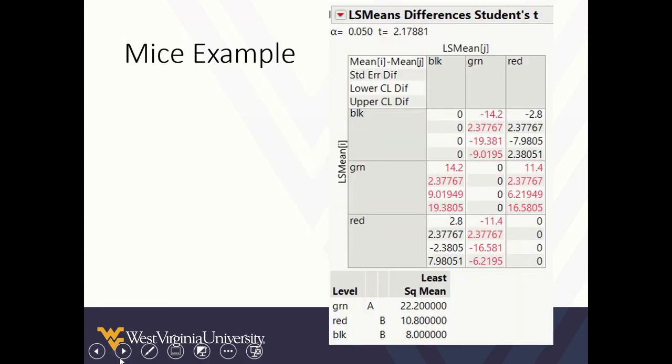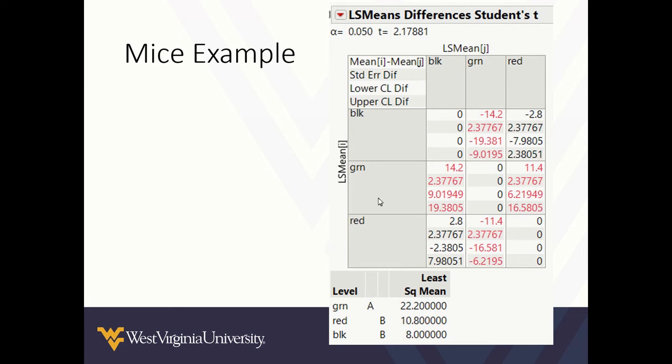Using our mice example, this would be an example of our results, where we have a whole bunch of 95% confidence intervals for our black, green, and red doors. Obviously, black to black, green to green, and red to red, we have 0. When it is in red, we have a significant difference, and in black is when we have an insignificant difference.